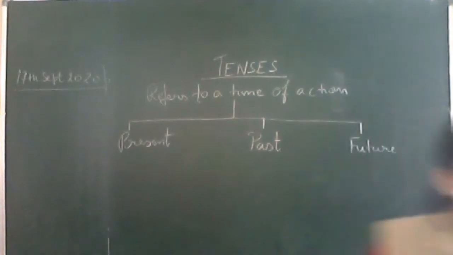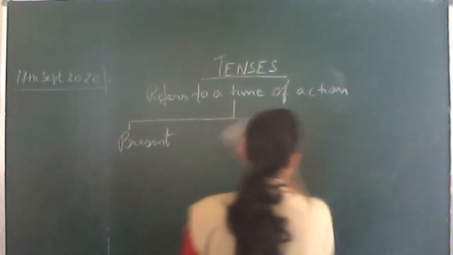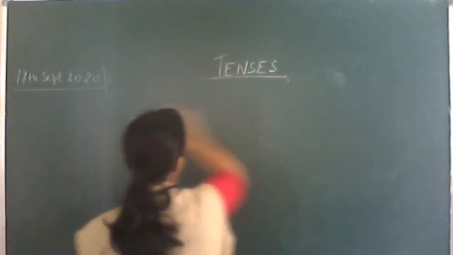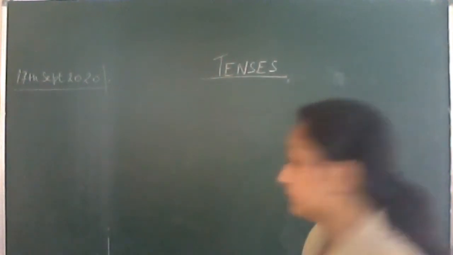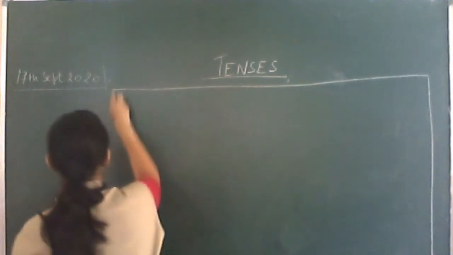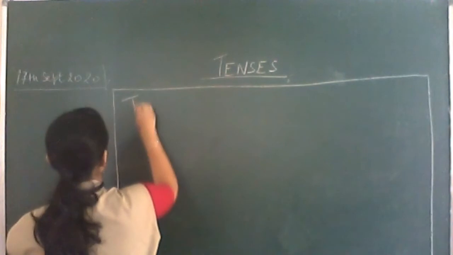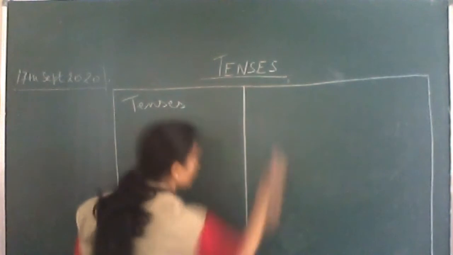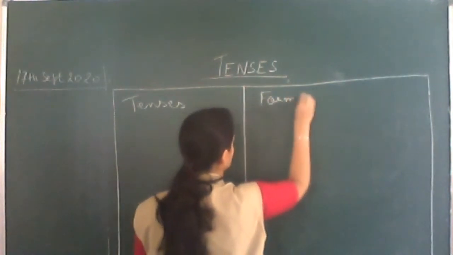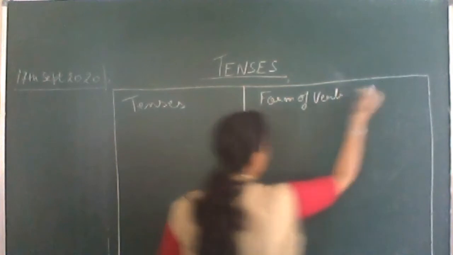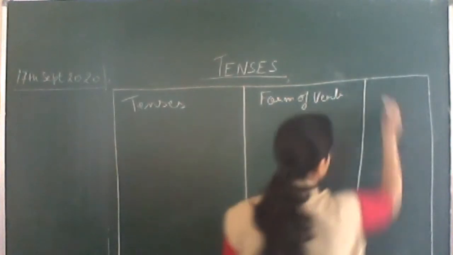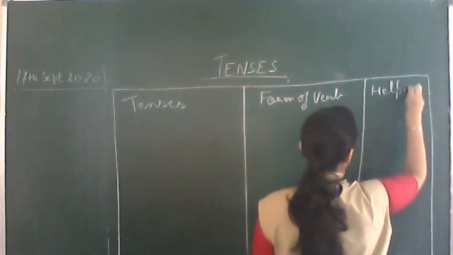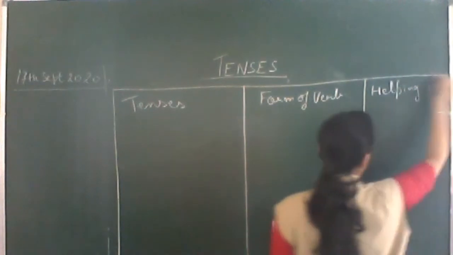Just look at the chart, children. Here it is, tenses. Next, you will write form of verb. And next you will write helping verb.